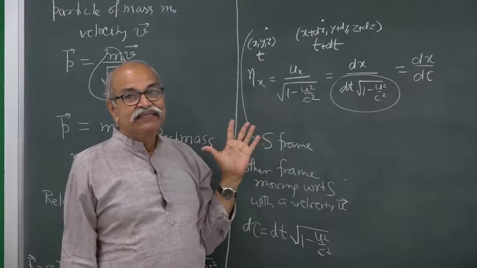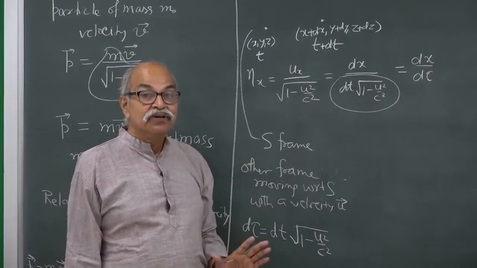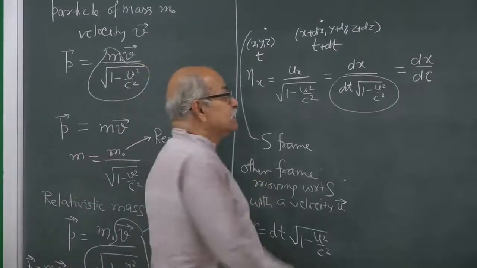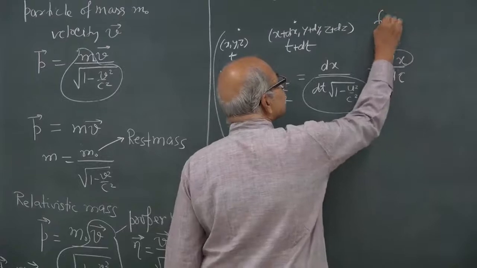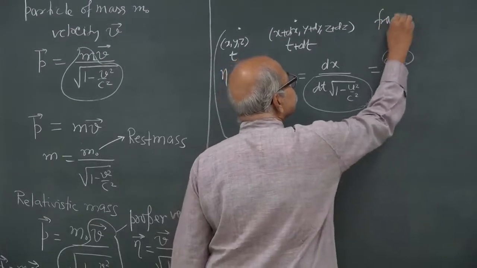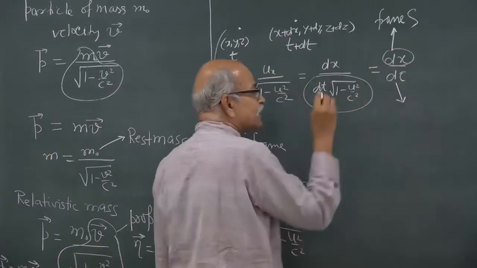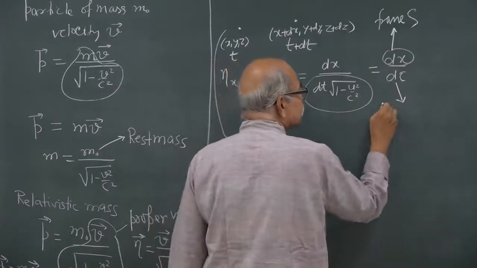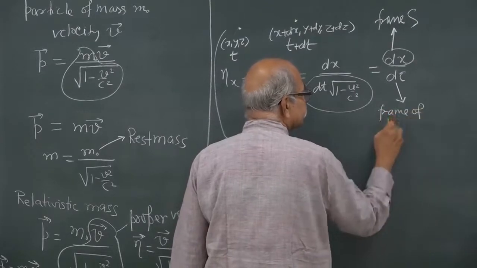But remember, this is a mathematical construct, because dx we are measuring in frame S, and d tau we are not measuring in frame S, we are measuring it in the frame of the particle.